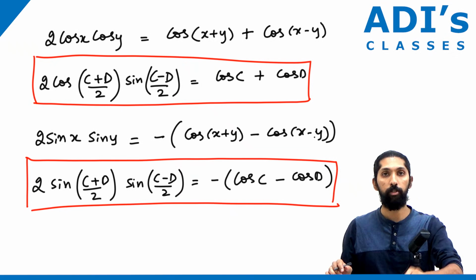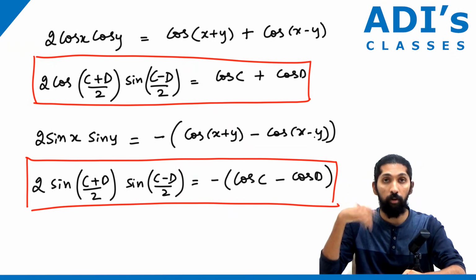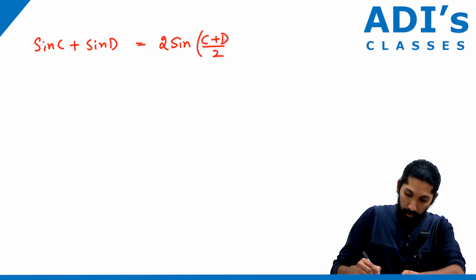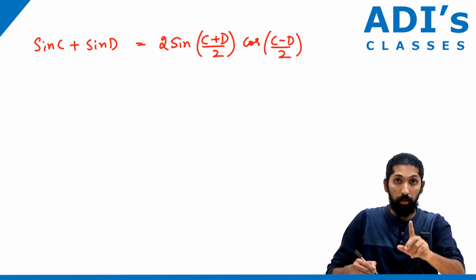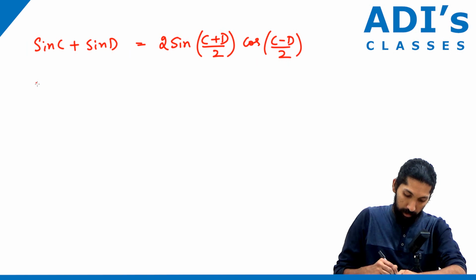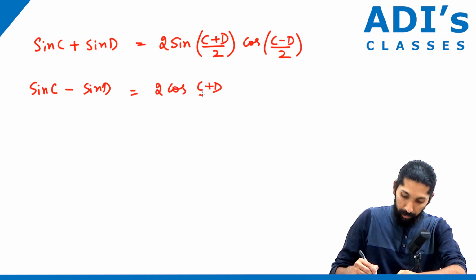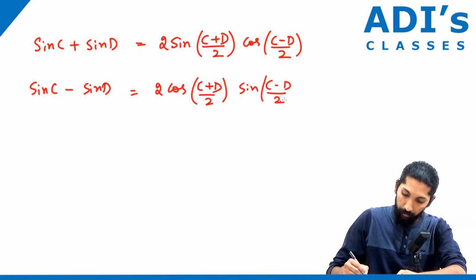So, there are 4 transformation formulas. Let's list all 4 of them now. The first one: sin C plus sin D is 2 sin (C plus D) by 2 into cos (C minus D) by 2. Second one: sin C minus sin D is 2 cos (C plus D) by 2 into sin (C minus D) by 2.